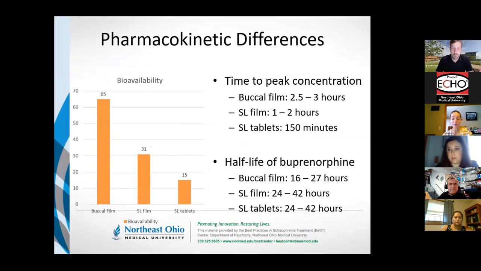It's about 30% for the sublingual film, likely because that dissolves relatively quickly, and it's about 15% for the sublingual tablets. There is a difference between the tablets that we'll talk about in just a little bit, but it does take some additional time, and with the tablets just underneath the tongue, there may be just a reaction to swallow.